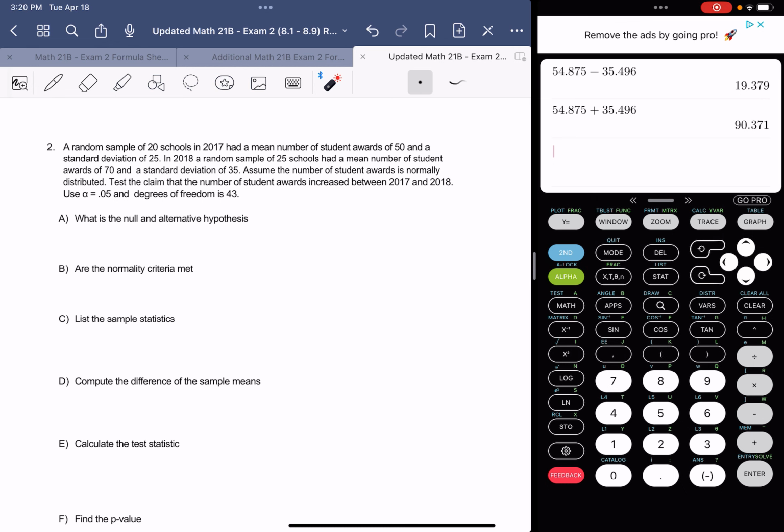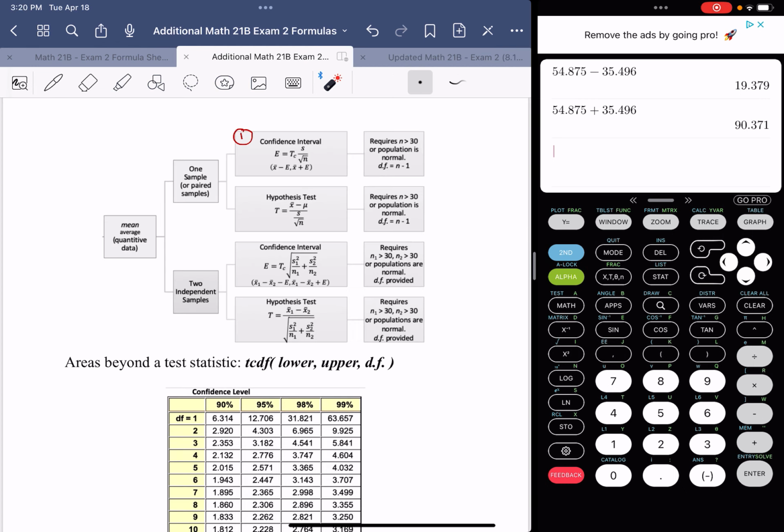Okay, so first off, before we do anything, let's come back here and determine which way we're going. Was this one sample? Is it 2 paired samples, or is it 2 independent samples? Correct. Very good. It's 2 independent samples, right?